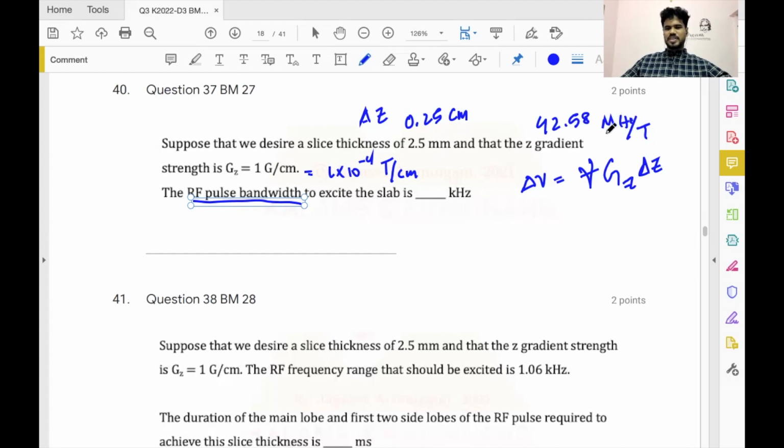We want the answer in kilohertz, so converting, this is 42.5 into 10 power 3 kilohertz per Tesla. We plug that in, and we get 1.06 kilohertz.